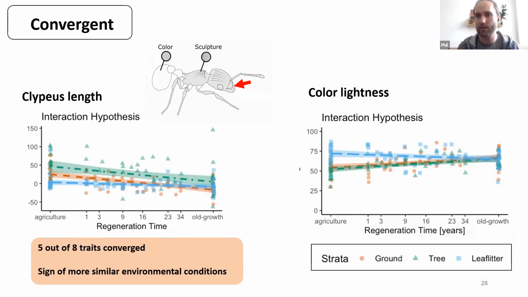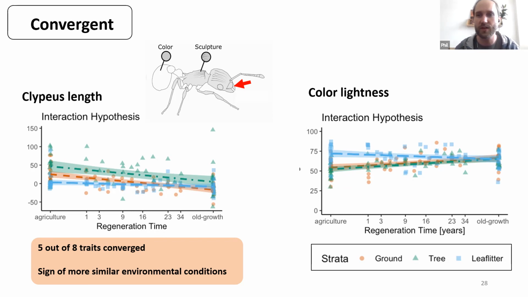Now, at the beginning, I told you about these two types of interactions that could happen. One was describing the convergence and the other the divergence. So here I have 2 traits. Actually, the majority of traits converged, 5 out of 8, where we have an interaction.